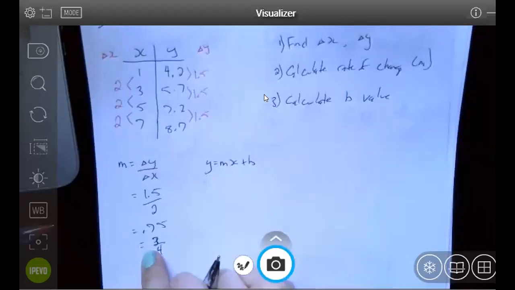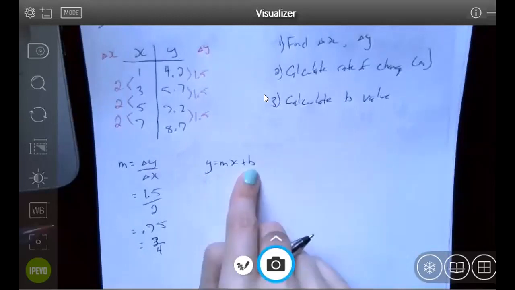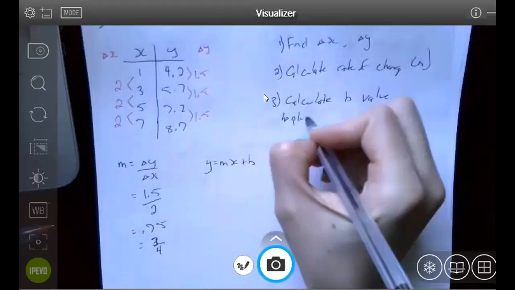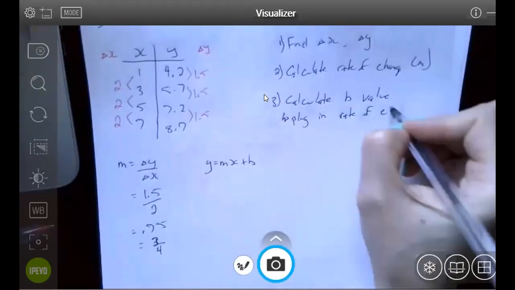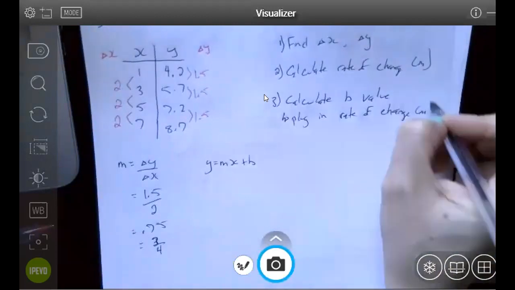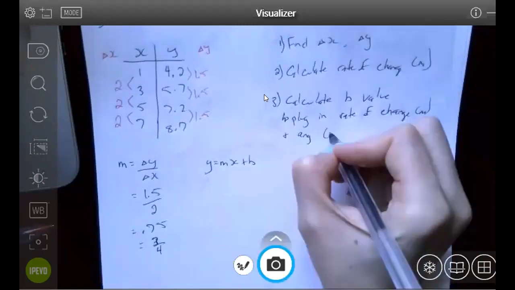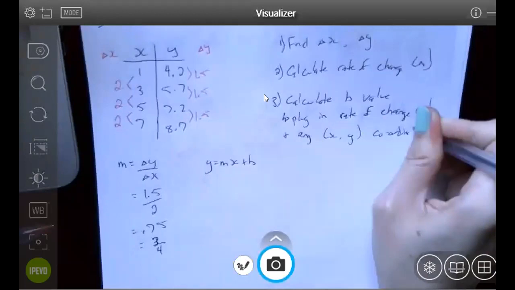We're also going to plug in any of our x, y coordinates from the table and solve for b. So plug in our rate of change and any x, y coordinate.